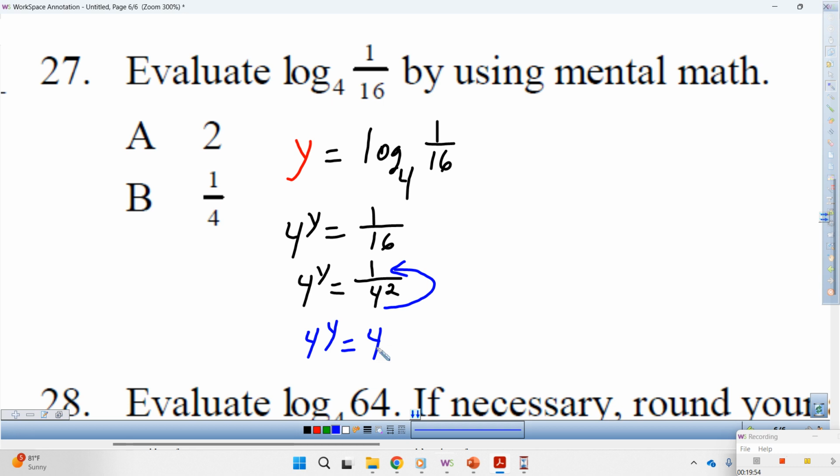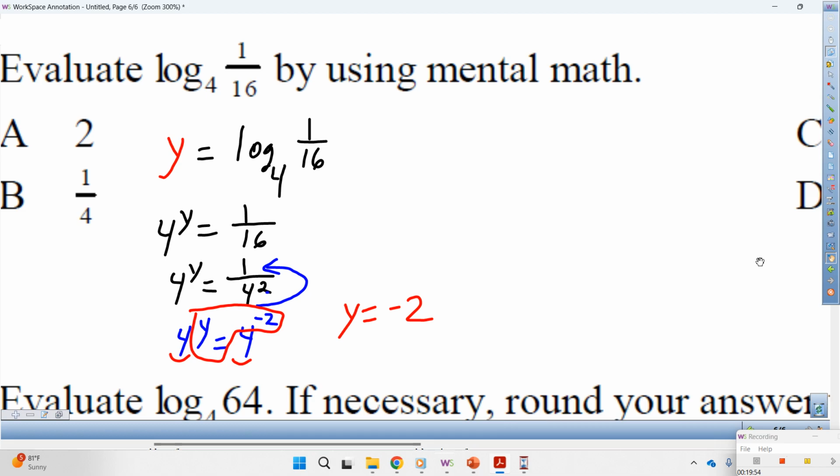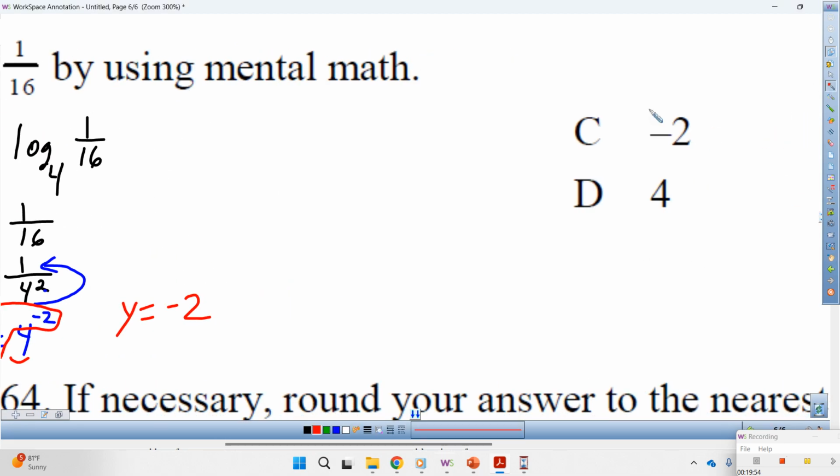Tell your neighbor, and then Mario's going to enlighten us. 4 to the what, when we bring it to the numerator? Mario. Negative 2. Yeah, this positive 2 turns into a negative. And last but not least, are these the same base? Yes. So what is the answer? y equals negative 2. Correct answer is letter C.